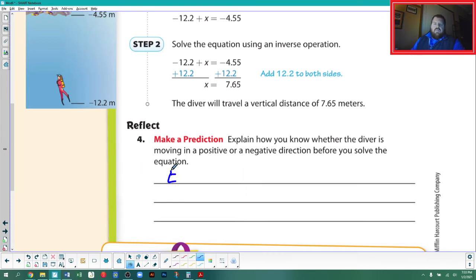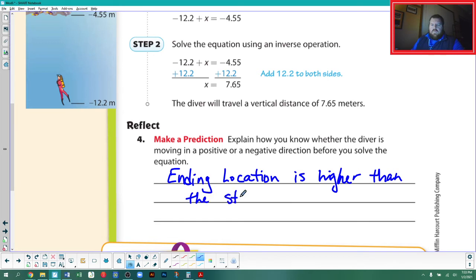So the ending location is higher than the starting location. So that means that she has to travel upwards.